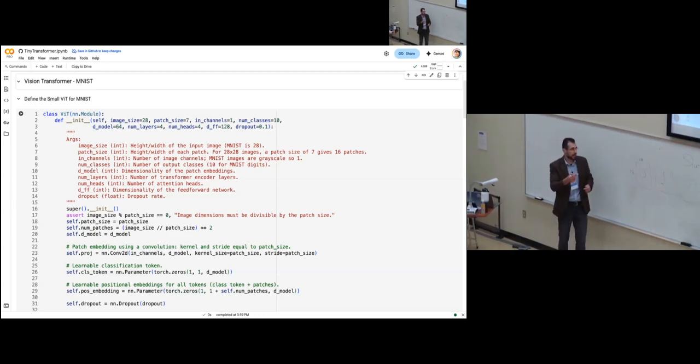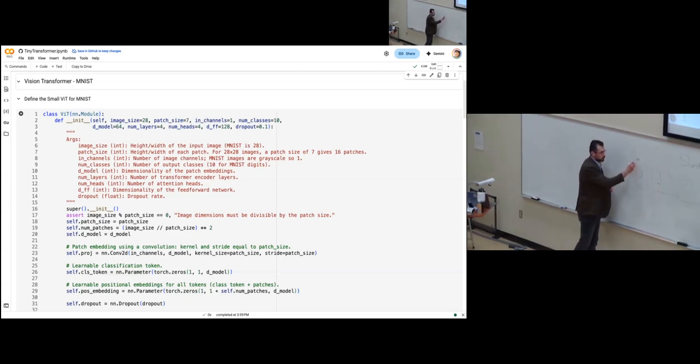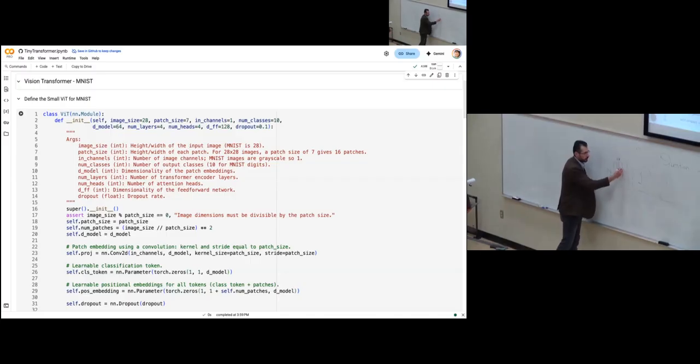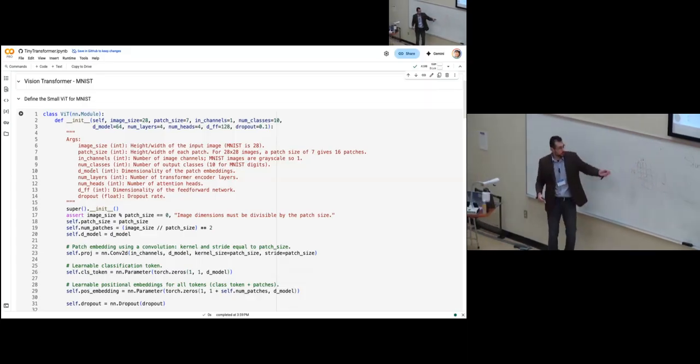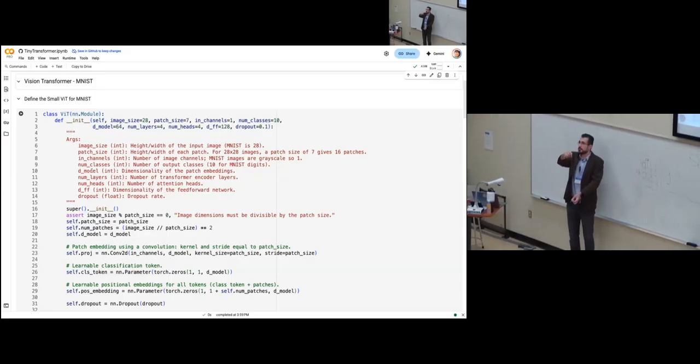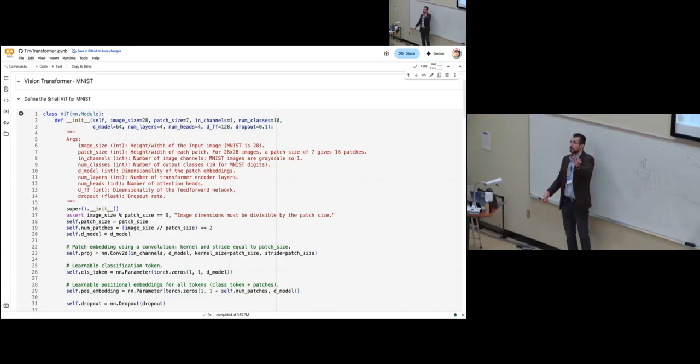Okay, so that's what we have. And what we are going to do is break these images into 4 by 4 patches. Each of these patches, the size is going to be 7 by 7. Okay, we are going to vectorize these, send them through a linear layer, and that's going to be your tokenizer. That's going to be your tokens that are going to be input to the model.